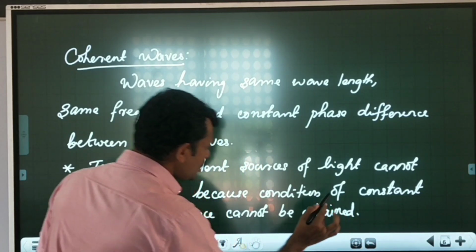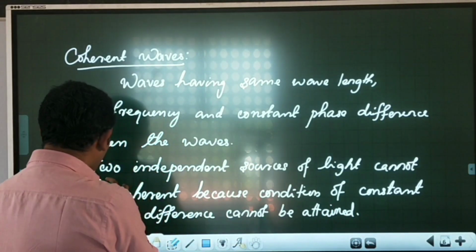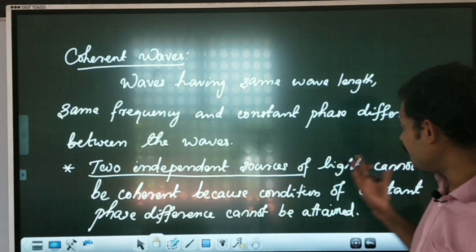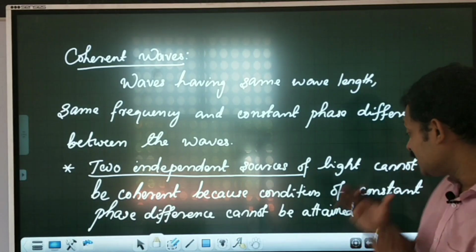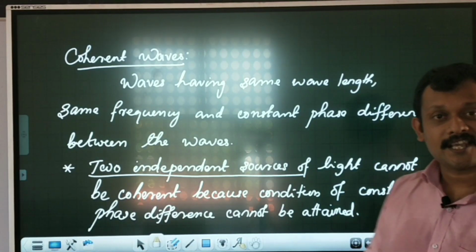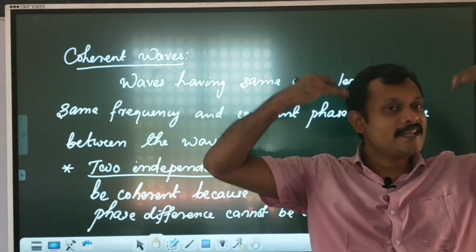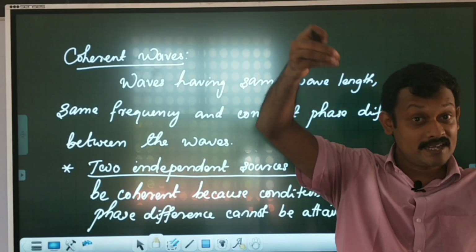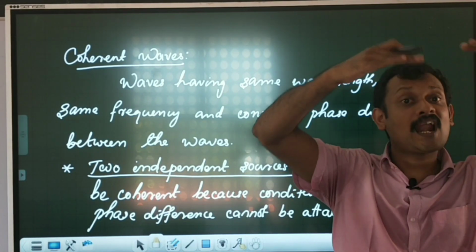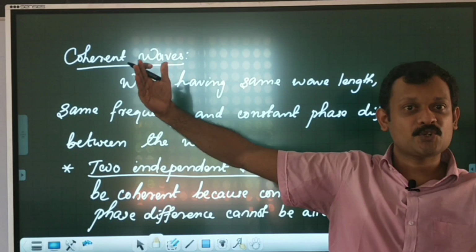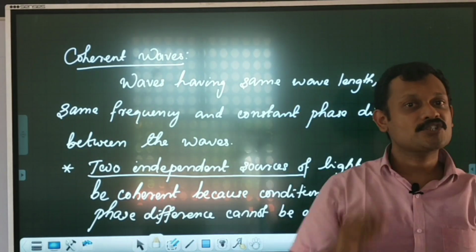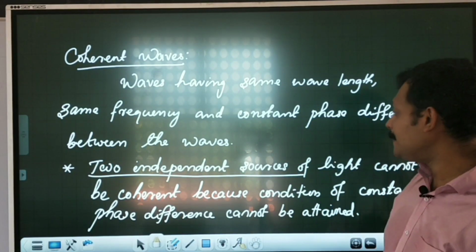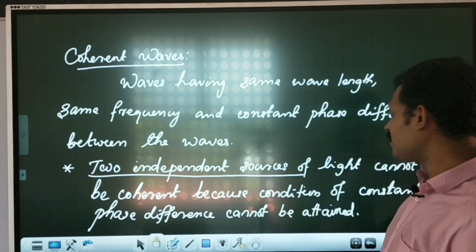So an important sentence is this: two independent sources of light never form coherent sources because the condition of constant phase difference cannot be attained. Why? Because, as you have studied in chemistry, generally radiations are produced by atomic excitations and de-excitations. So if all are happening at the same time in two independent sources, then only we will get that constant phase difference, which is practically impossible. That's the reason why we say two independent sources of light can never be coherent.